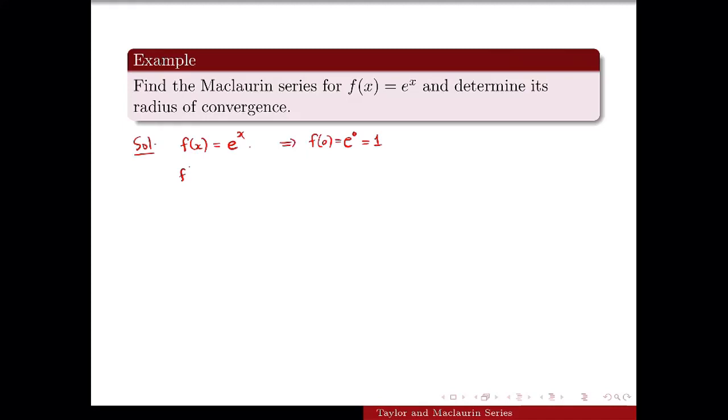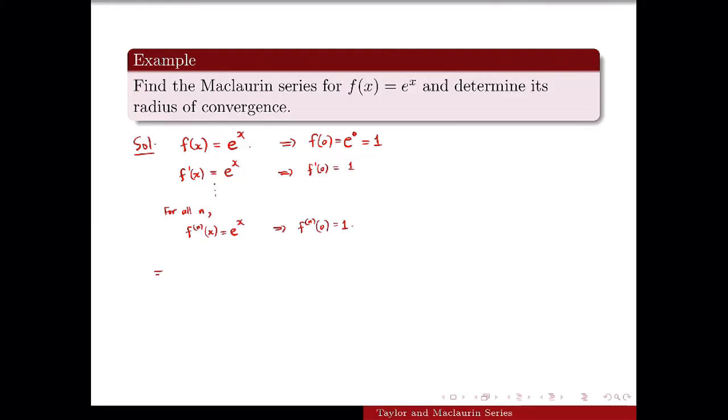We get the derivative of f. This is still e to the x. And of course, if we evaluate that at 0, it's still 1. In fact, for all n, the nth derivative of f is still e to the x, which means if we evaluate that at 0, we'll have 1.